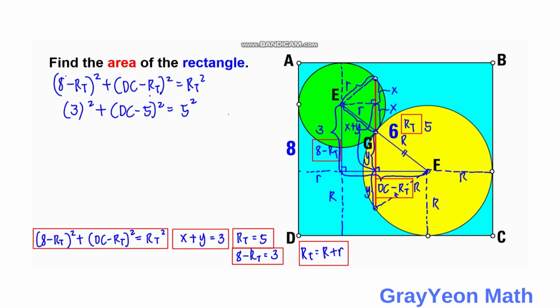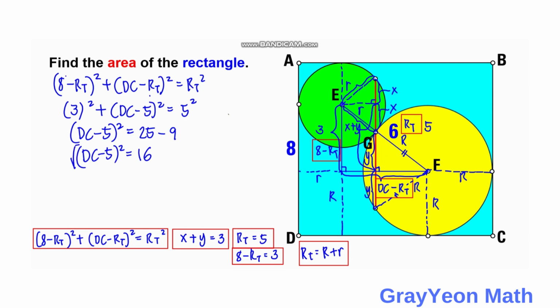So we have dc minus 5 squared is equal to 25 minus 3 squared, which is 9. So this will be 16. So dc minus 5 squared is 16.